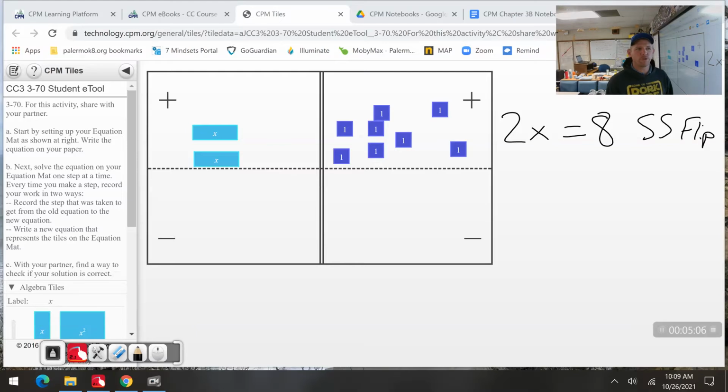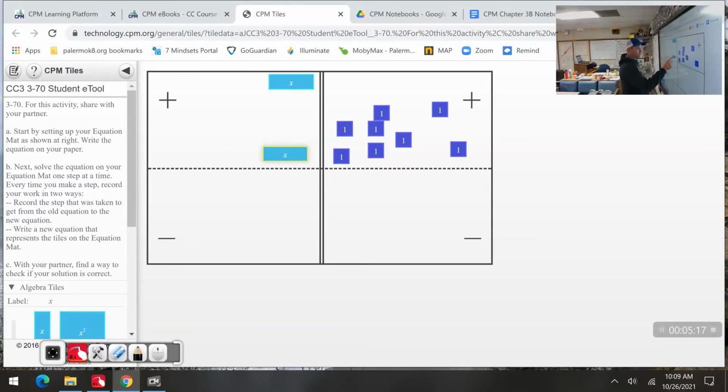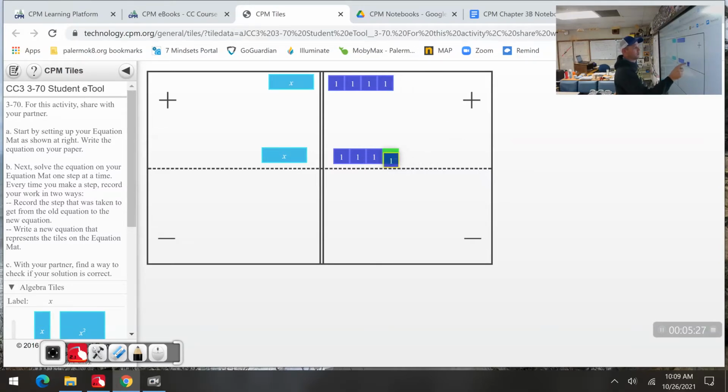Now that I've done this side-to-side flip, my next legal move is I need to make equal groups. Instead of 2x equaling 8, I need to split these up into 2 equal groups.